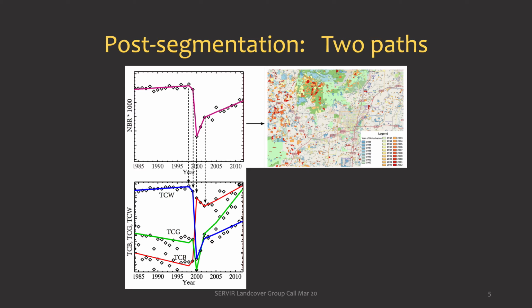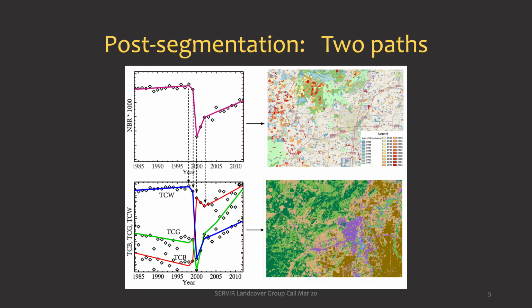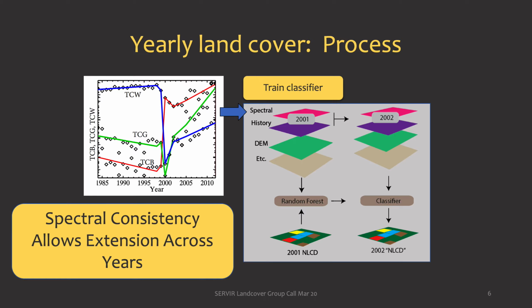And the notion here is that those tassel cap images on the bottom can be used directly in a classification. You can just take a slice out of any year of those smooth lines, those temporally smooth lines, and capture the spectral progression without all the year-to-year noise. That allows you to take a map that's in one year and paint it backwards and forwards to other years.